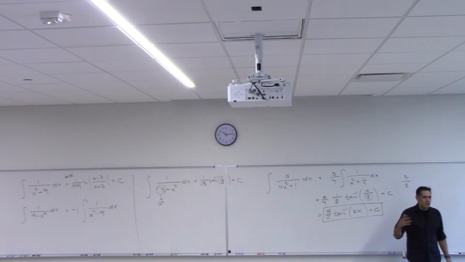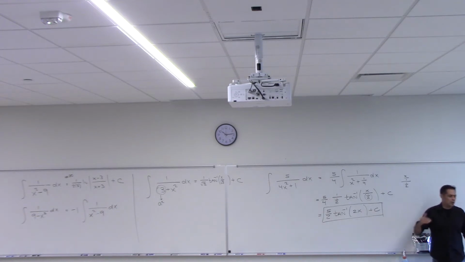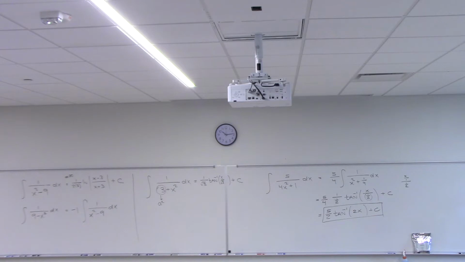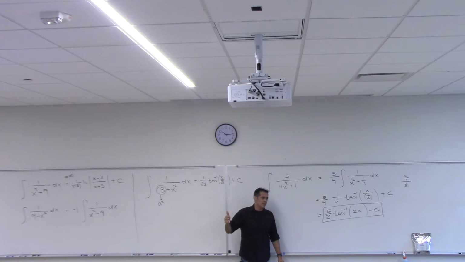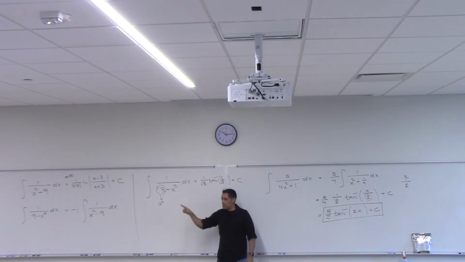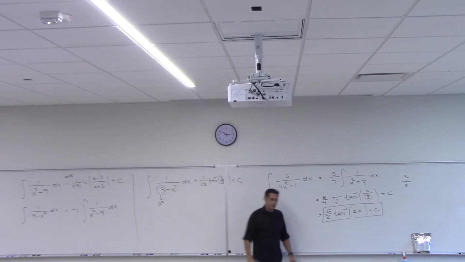Can you think of any other issues we might have with a constant over a quadratic that's missing an x term? Yeah? So theoretically, constant over linear, good, right? Constant over repeated linear, good. Constant over quadratic that's missing an x term, good.